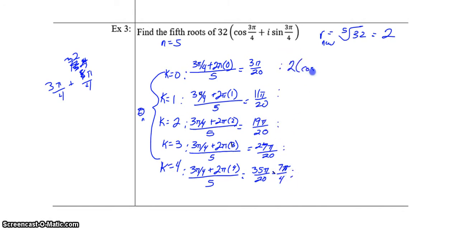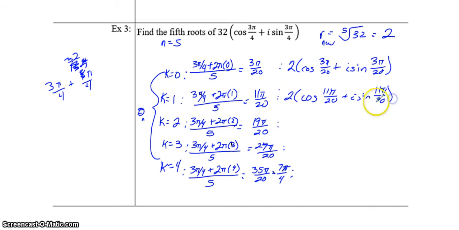So 2 cosine 3 pi over 20 plus i sine. 2 cosine 11 pi over 20 plus i sine.